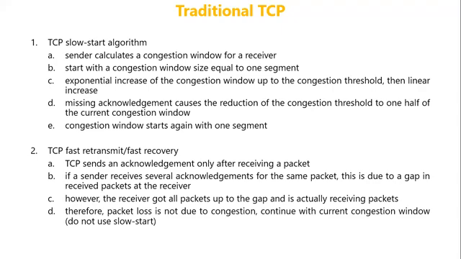One is the sender receives continuous acknowledgements for the same packet, and the other one is missing acknowledgements. So if continuous acknowledgements are received for the same packet, this informs two things.